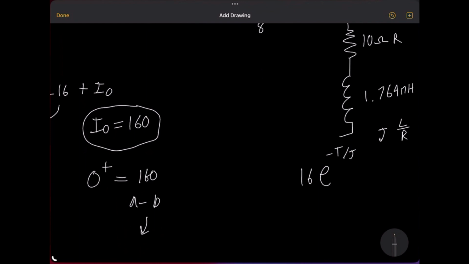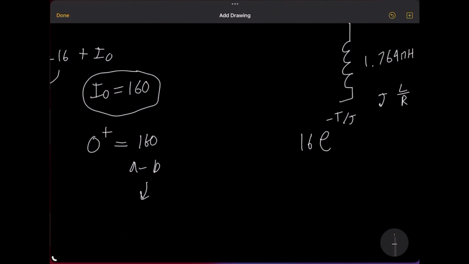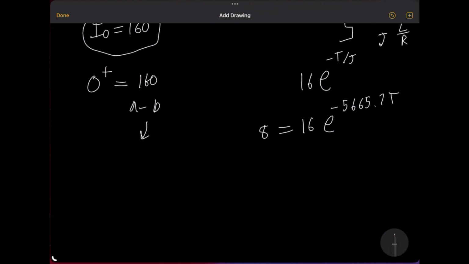And then we're going to take 1 divided by that number to get a nice little thing going on. e to the negative 5,665.7 t times 16, and we're going to set that equal to 8. Yes, 8, because at 8 amps is when we'll get 168.